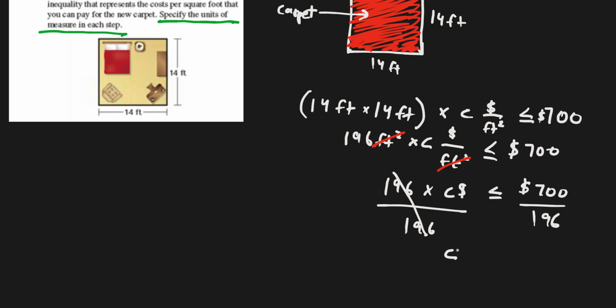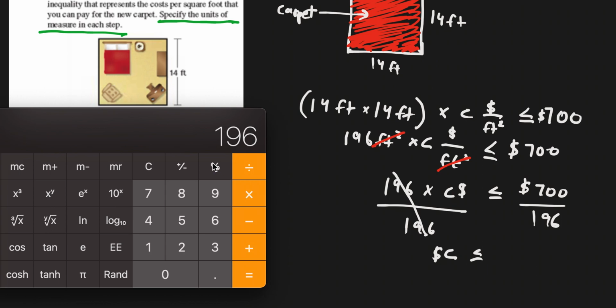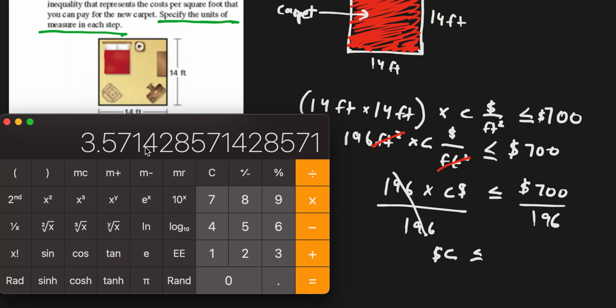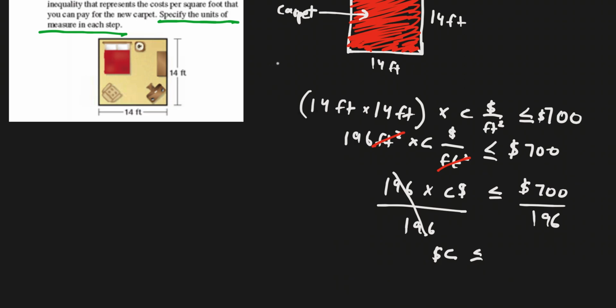So C dollars is less than or equal to 700 divided by 196. 700 over 196 is this number, I don't know what this is. It says represents the cost per square foot that you can pay for the new carpet. I'm just going to say C has to be less than or equal to 3.57.